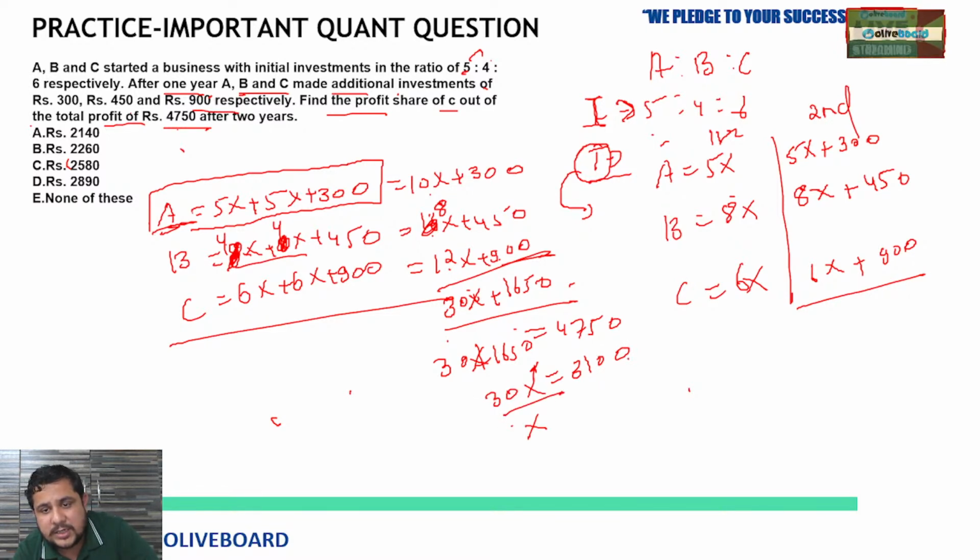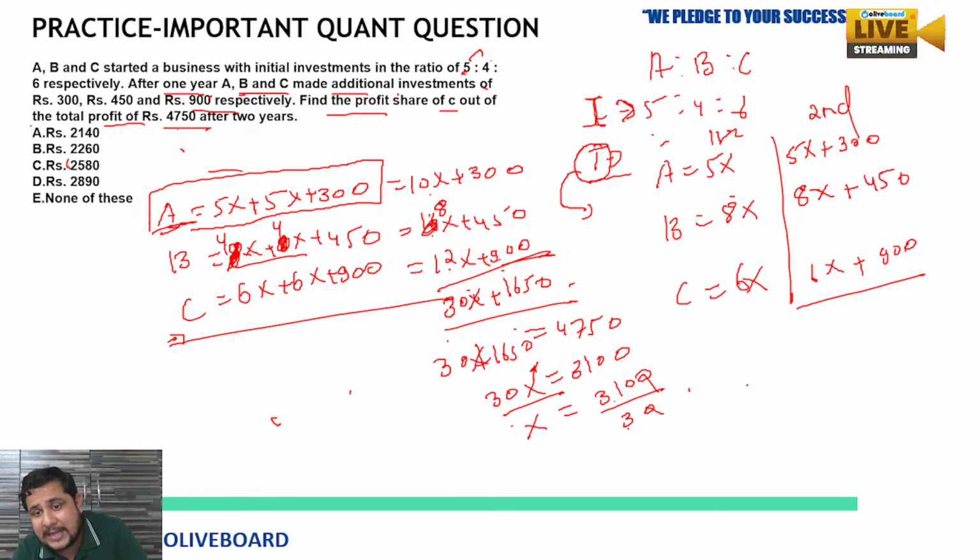30x equal to 3100, so x equal to 3100 upon 30. Zero and zero cancel, 310 upon 3, because 310 is not divisible by 3 completely. But as we know, we need to consider the value of C. How much is the profit share of C? That is 12x plus 900.